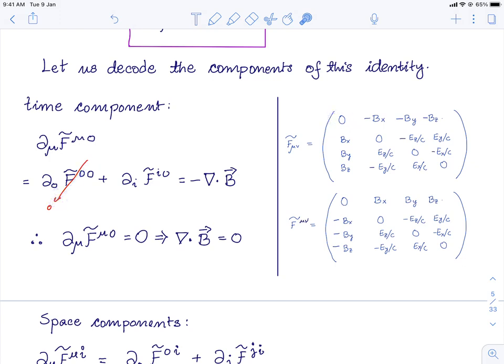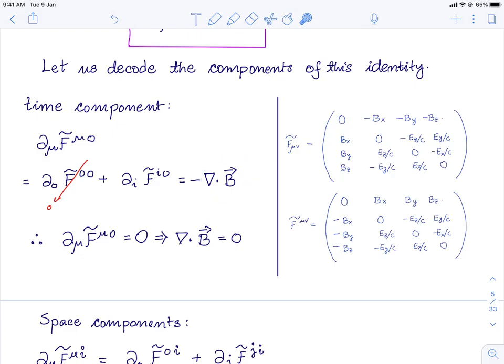Then you're left with del i, which is basically the 3-divergence, of fi0. And fi0, as you can see from here, these are the components, is just equal to minus the divergence of B.